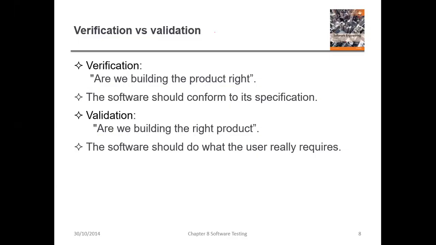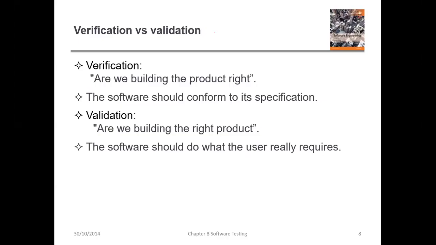The first one has to do with verification. For verification, we want to ask ourselves, are we building the product right? Then for validation, we want to ask, are we building the right product?